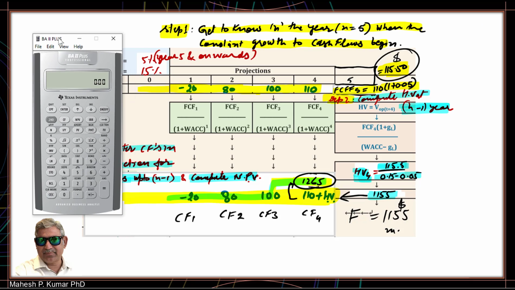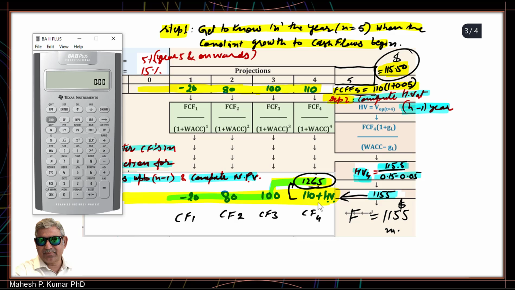But before getting into these numbers, please remember for the fourth year, our cash flow would be 110, which is the free cash flow of 110 plus the horizon value of $1,155 million.